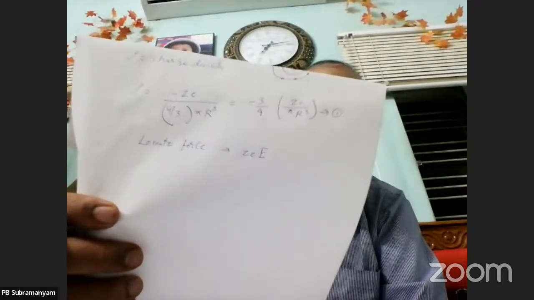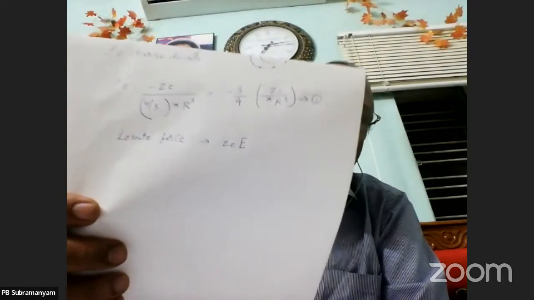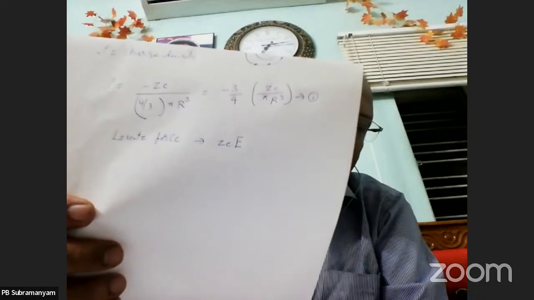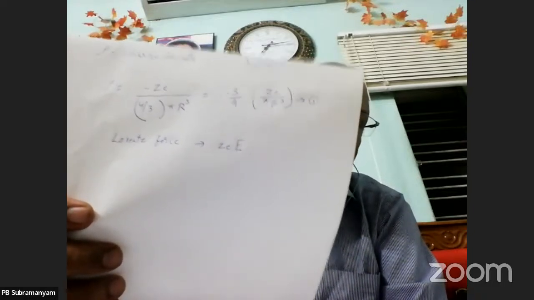When the external field has been applied, the nucleus and the electron experience the Lorentz force, which is ZE times E, and which acts in the opposite direction.